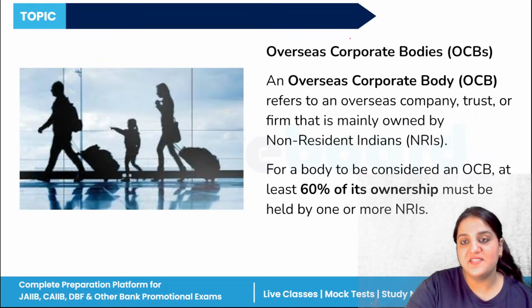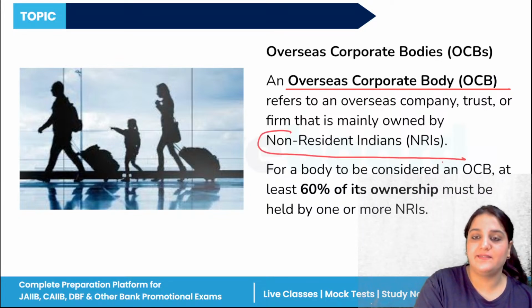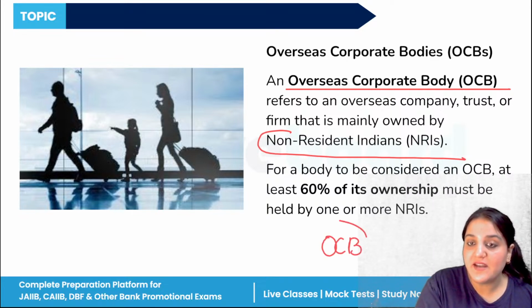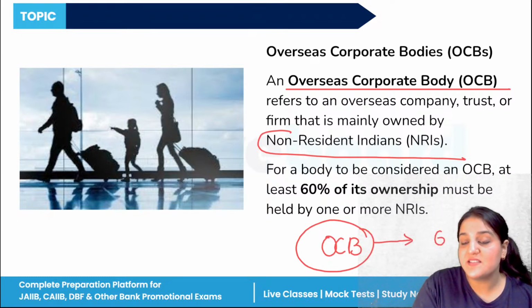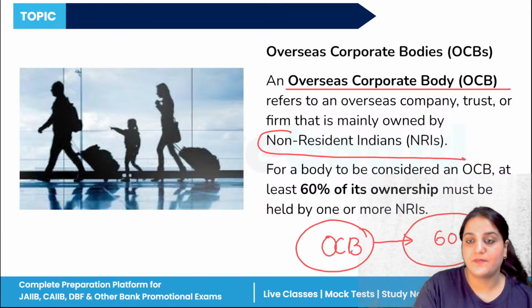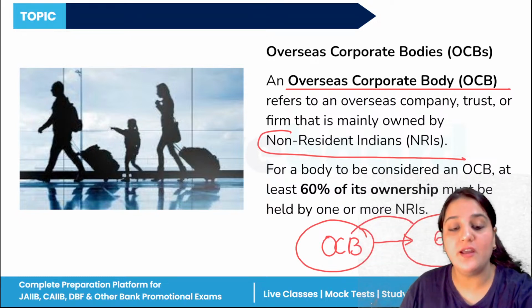Okay, so overseas corporate bodies means an overseas company, trust or firm that is owned by NRIs. A body, an organization is considered as OCB if 60% of its ownership must be held by one or more NRIs.